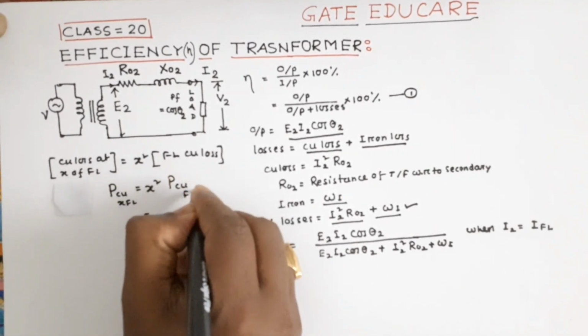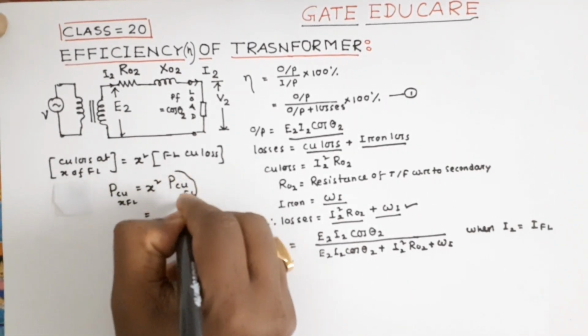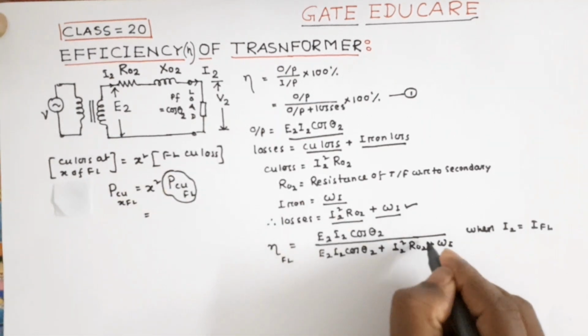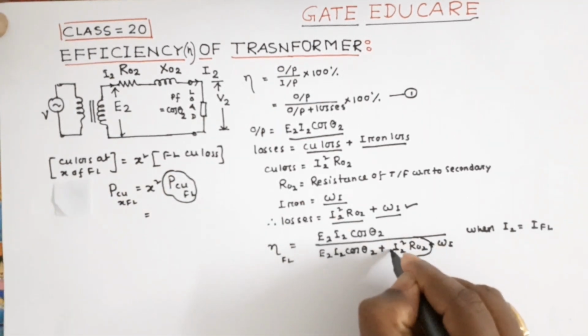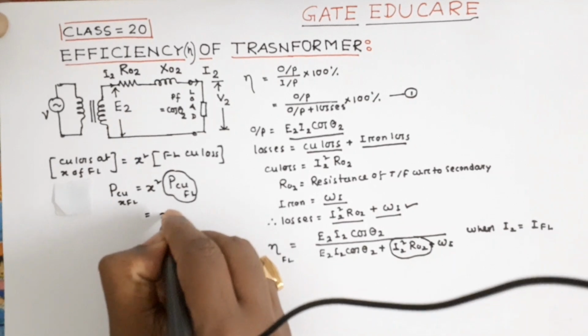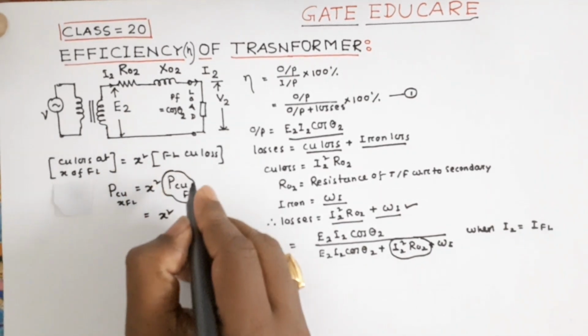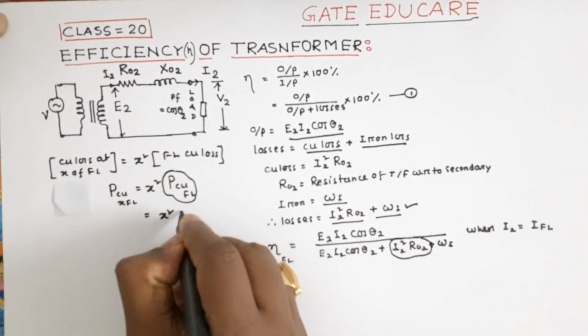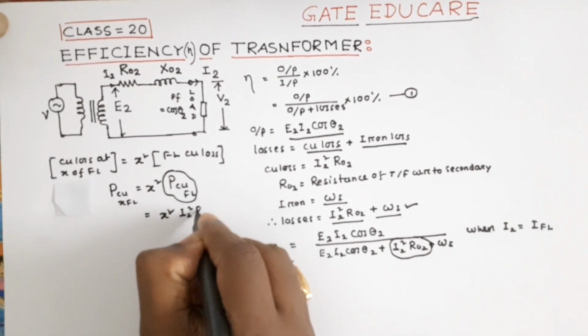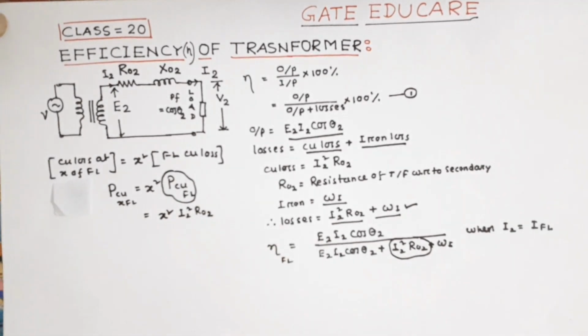That full load copper loss is equal to I2 square R02.